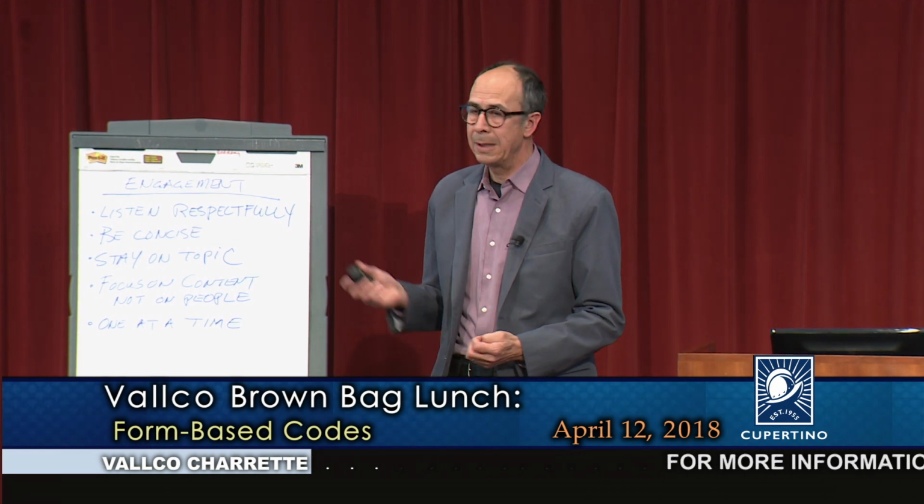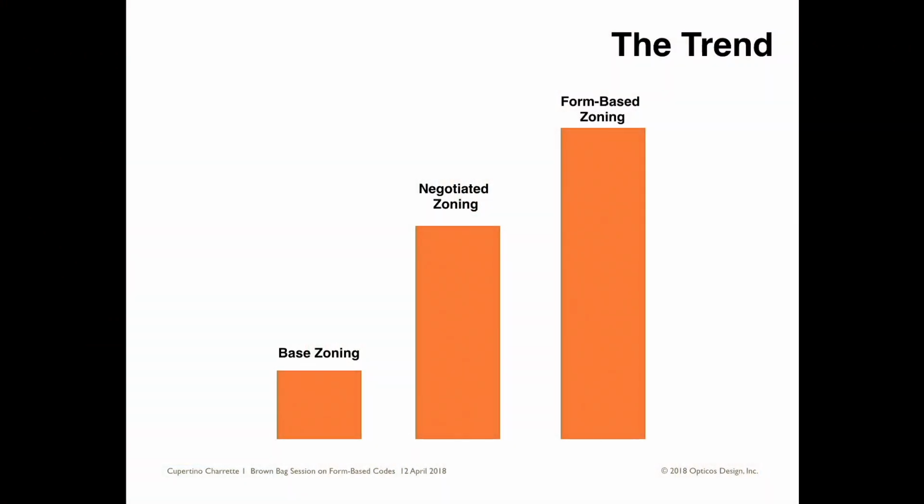Okay, so I was explaining the trend between negotiated zoning and conventional zoning, and because of the lack of responsiveness of conventional zoning to today's needs, either private developers, property owners, or designers, or the city itself, people are using the negotiated zoning tool.